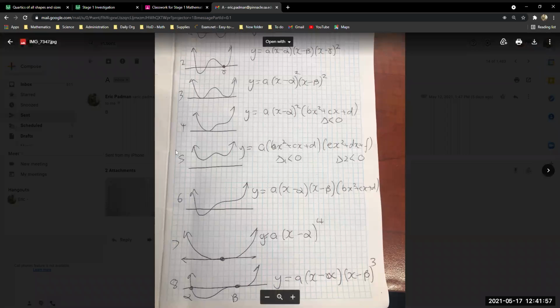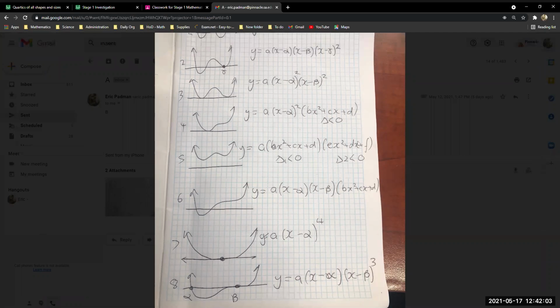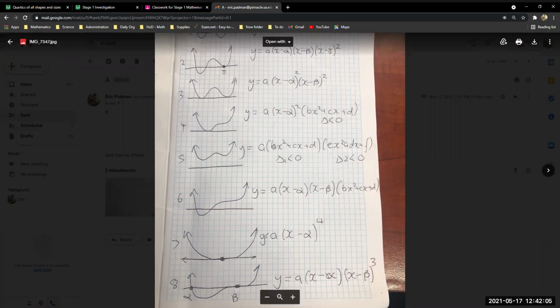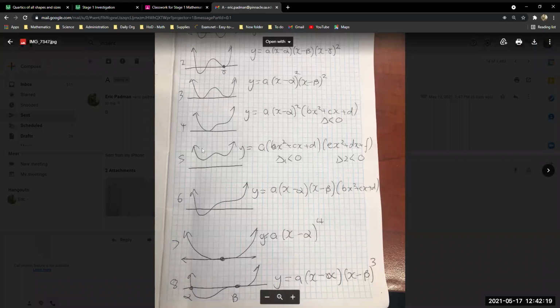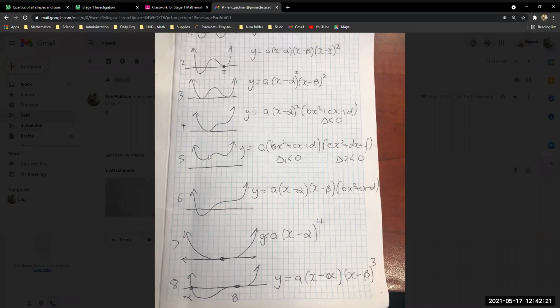Example 5 is the hardest one. That's if you have 2 quadratic factors and none of them have real roots. So both are of the form bx squared plus cx plus d, discriminant 1 is less than 0, and ex squared plus dx plus f, discriminant 2 is less than 0. You notice here I've got that W shape, but it never gets below the x-axis.